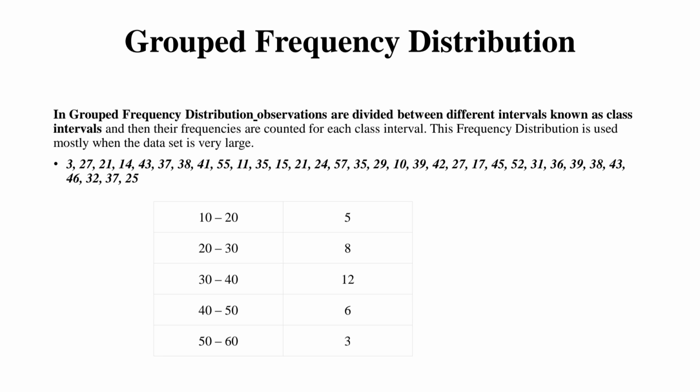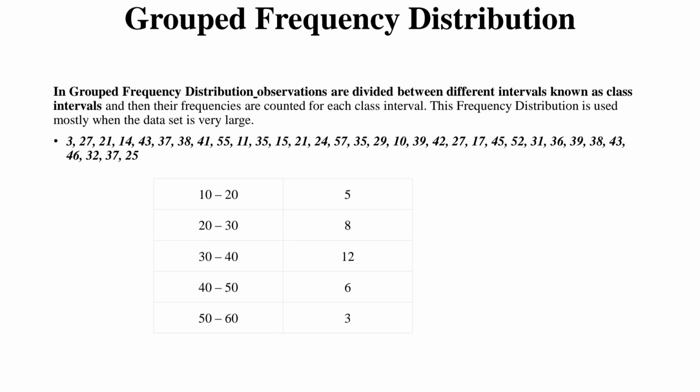In case of grouped frequency distribution, we collect all the observations and group them into certain groups called class intervals. We make class intervals and find the frequency of how many values occurred in each class interval. Here is an example. This kind of grouped frequency distribution is suitable for larger data sets.